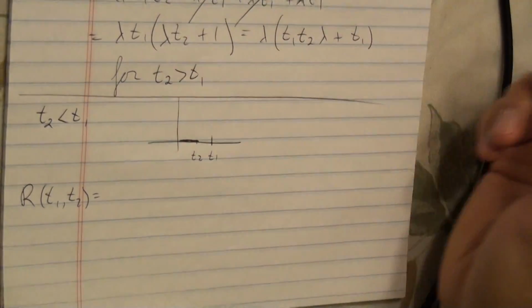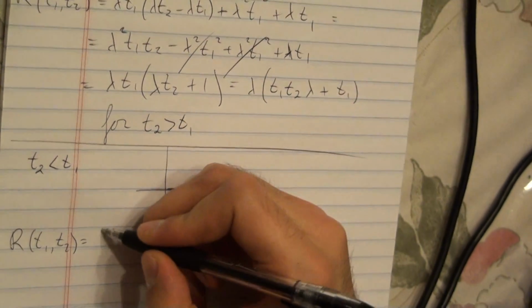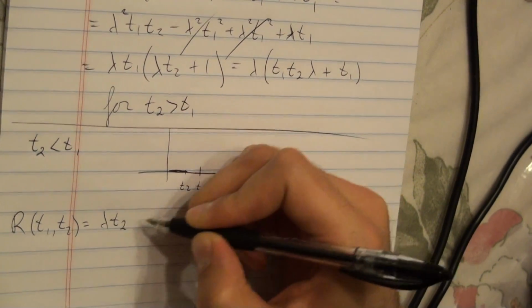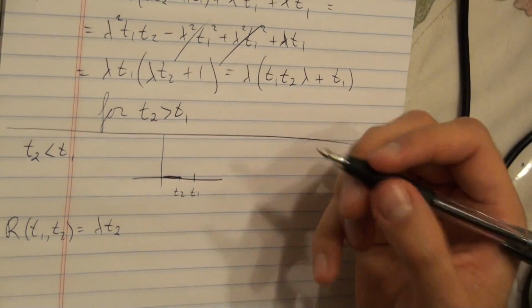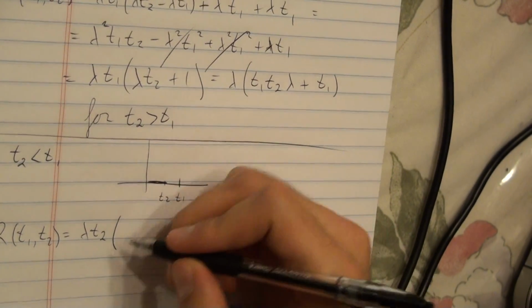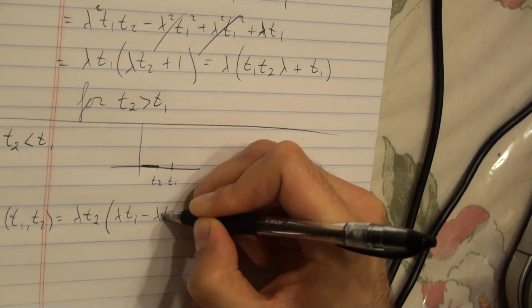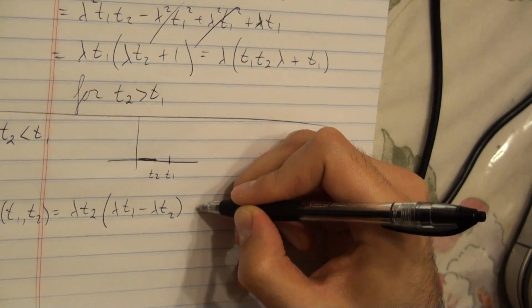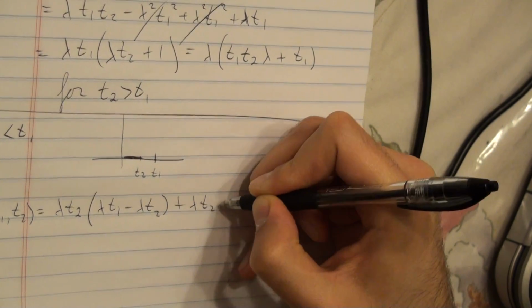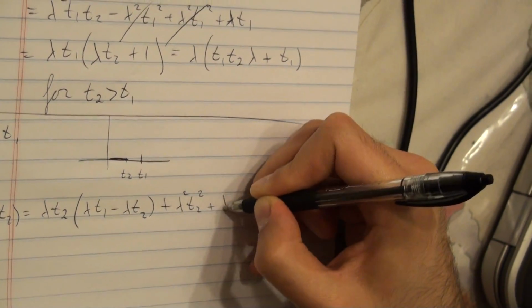If you do the whole thing again, you get lambda t2, because we're just changing t1 to t2 and t2 to t1. We get lambda t2 times lambda t1 minus lambda t2, plus lambda t2 squared, plus lambda t2.